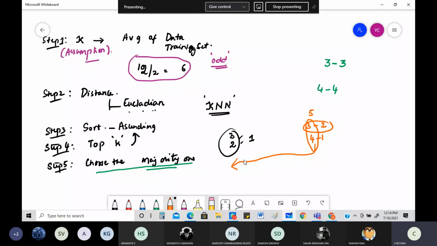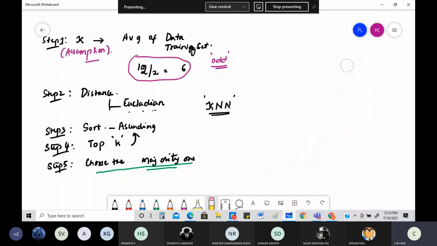That's very important for you to keep in mind because people will ask you, when you tell other people that you have studied KNN, what is this K. This K is used to choose my nearest neighbors, and among them I need to choose the majority one.